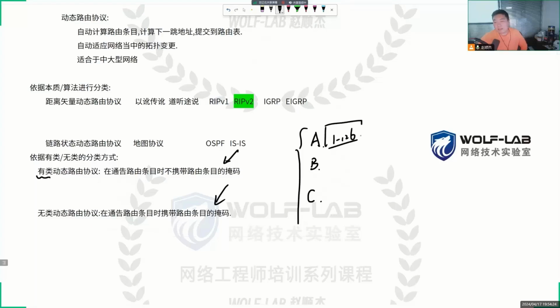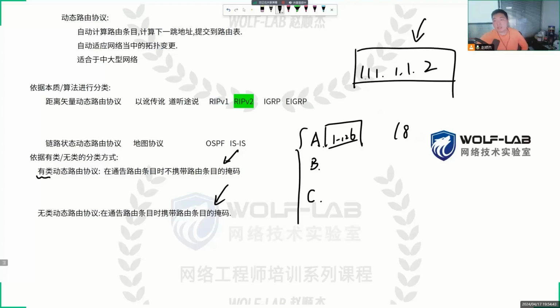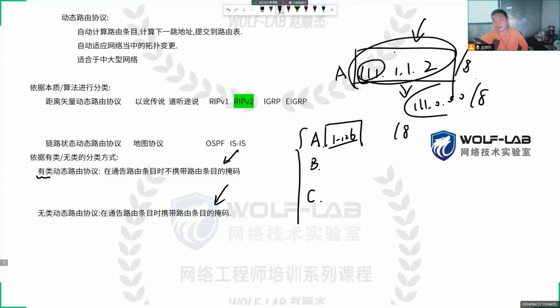For example, 111.1.1.2. It will not have any mask information, but when we see this address, it is a Class A address, and I understand its first 8 bits are network bits. So this address belongs to the network segment 111.0.0.0/8. For Class A, the first 8 bits are network bits.